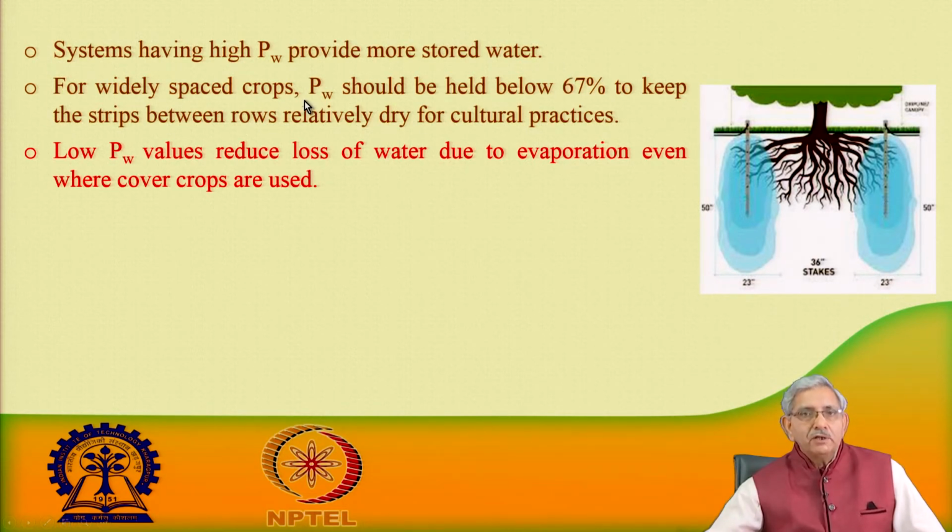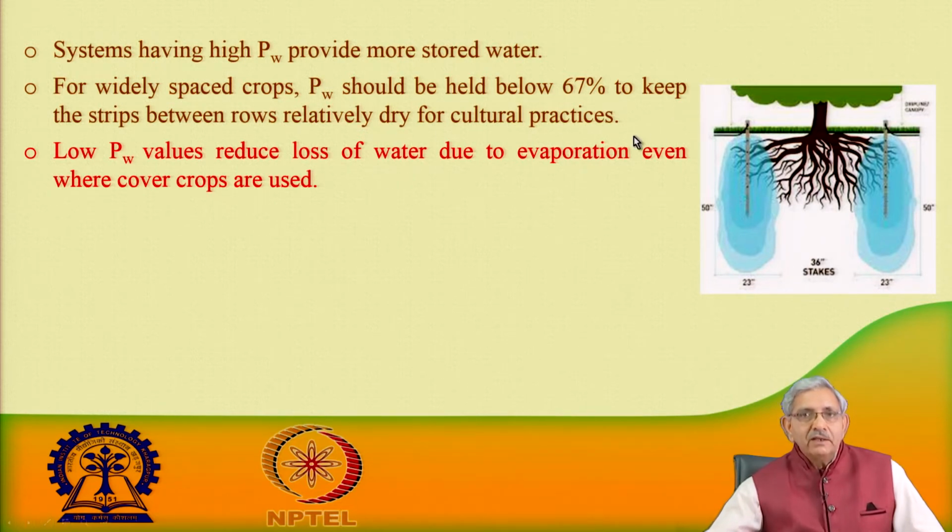For wide spacing crops, Pw should be between a practical value, I am telling you, 30% to 70%. The 30% is for a horticultural crop in the initial growth stage, and it goes to 70% when it is fully grown.